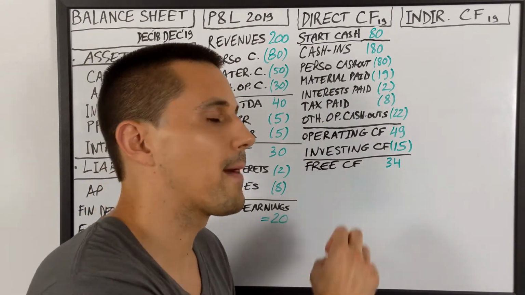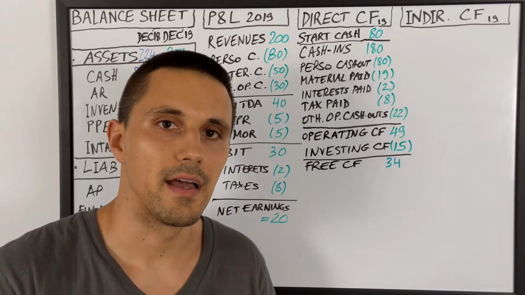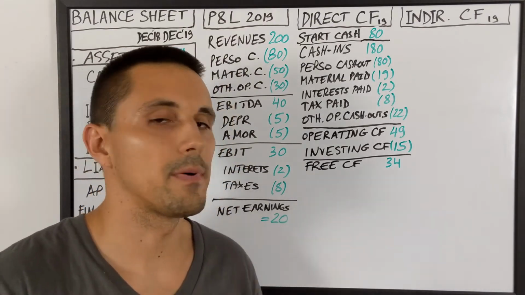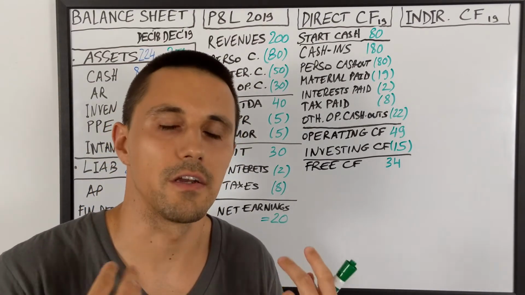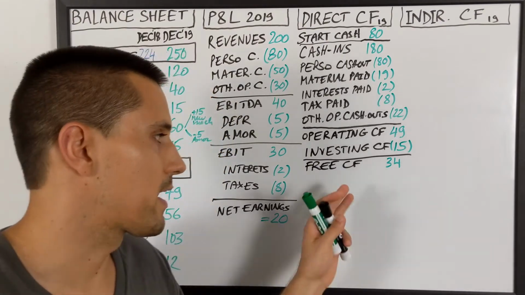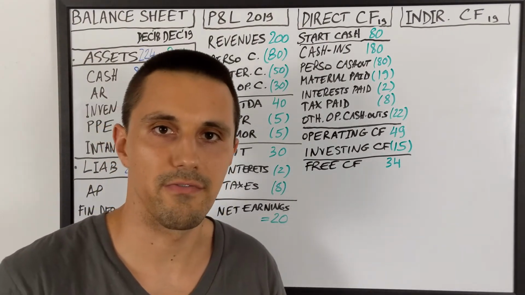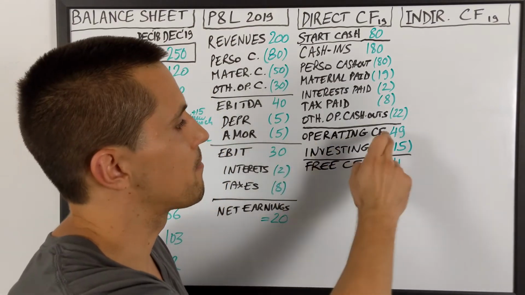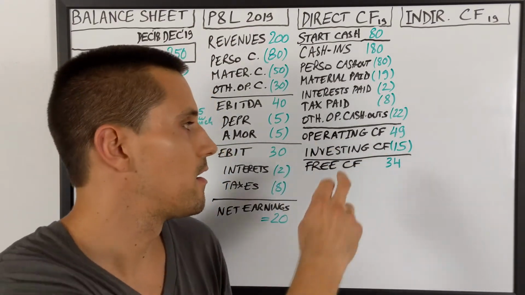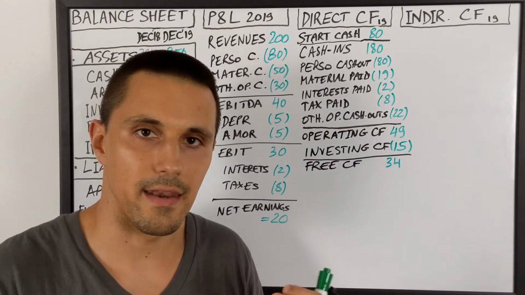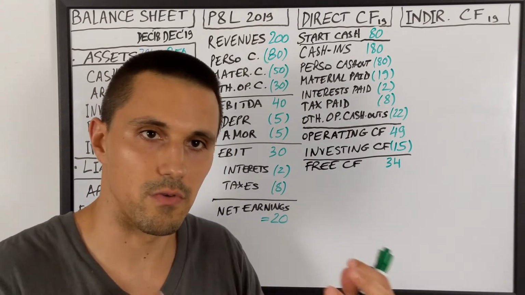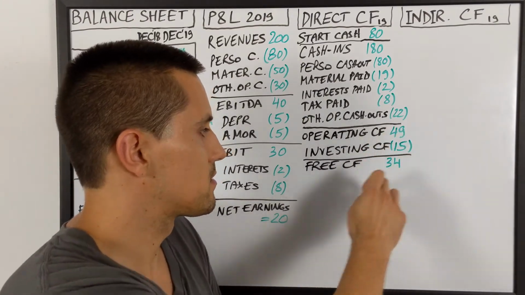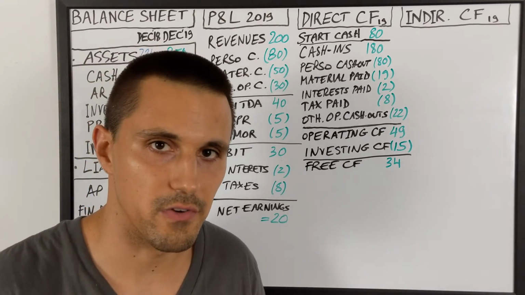If it was, let's say, minus 34, for example, it would have meant that the company is burning cash, which is generally a bad sign. So in our case here, we are generating 34 of cash, which is a good sign. As you can see, my business generates 49 of operating cash flow, and I have invested in the future with my new machine, 15, so cash generation 34.